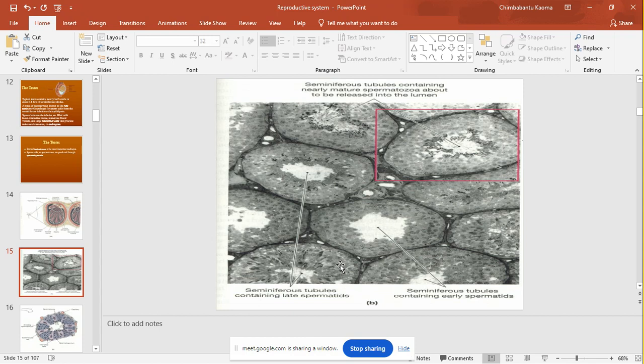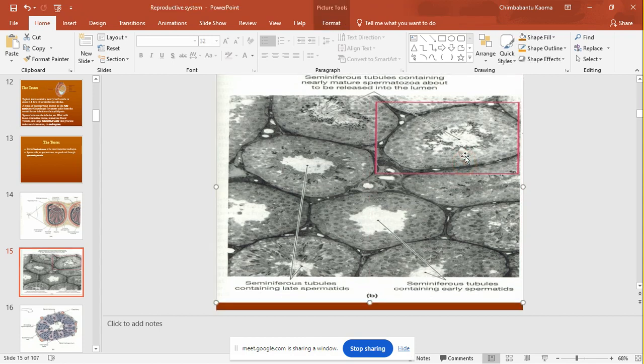Also here, it's an actual image from a microscope of the seminiferous tubules at different stages of spermatogenesis. It's much easier to relate to this one. So this is the lumen of your seminiferous tubules, and here we have morphologically mature spermatozoa, which are about to be released into the lumen of the seminiferous tubules.